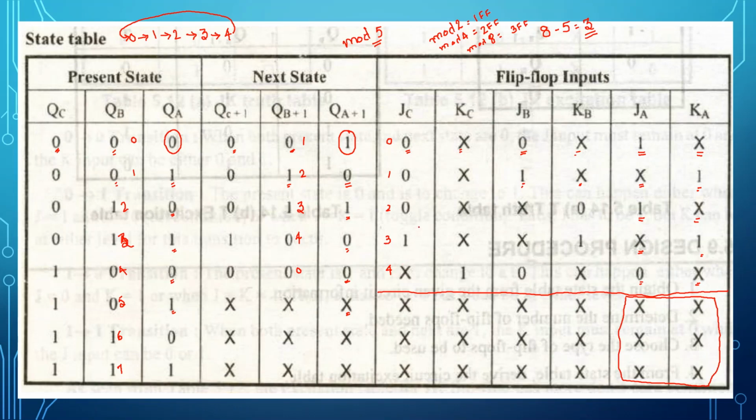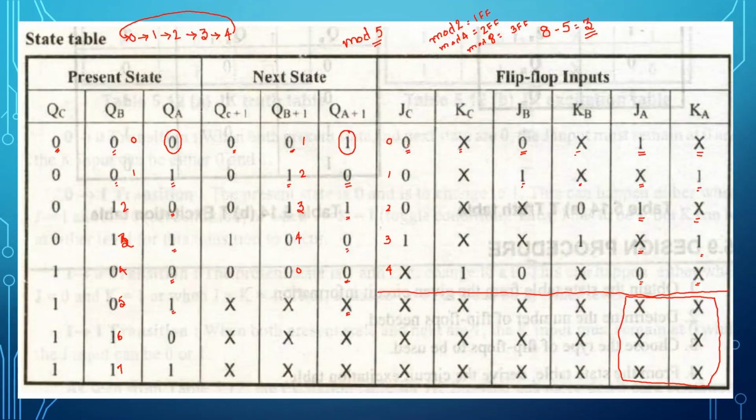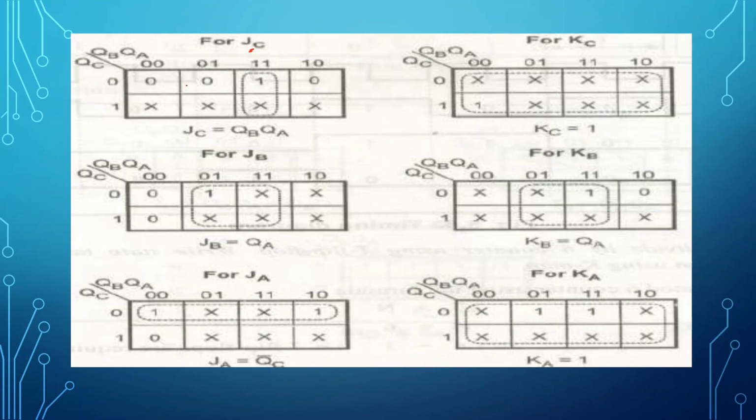Moving on further. What I'm going to do next is write the values in the K-map. For example, JC. For JC, I'm going to take the values here: 0, 0, 0, 1, 1, x, x, and x. See, those values are taken: 0, 0, 0, 1, x, x, x, and x.